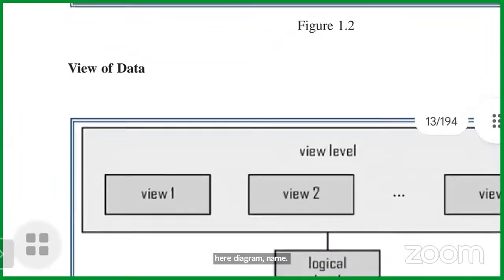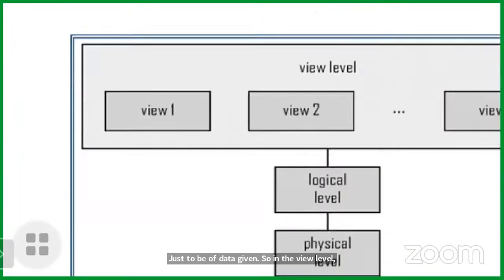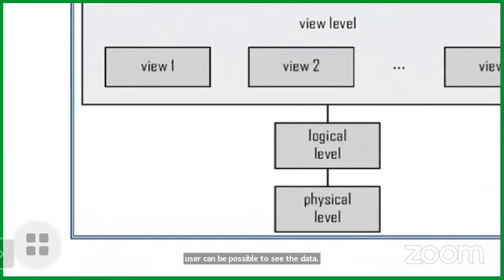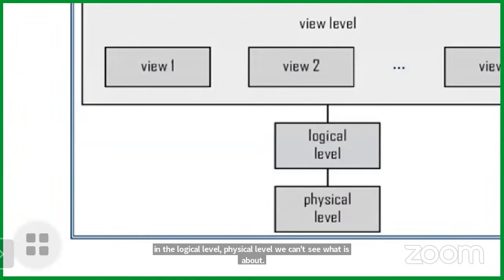So in the view level only, the user can see the data, but the logical level and physical level we can't see. What is the logical level? It is conceptual. The logical level is also called the conceptual level. So what does conceptual level mean? Which type of data model are you using?